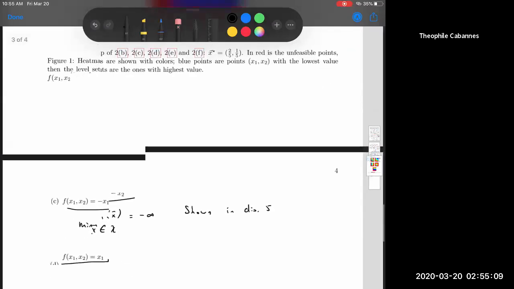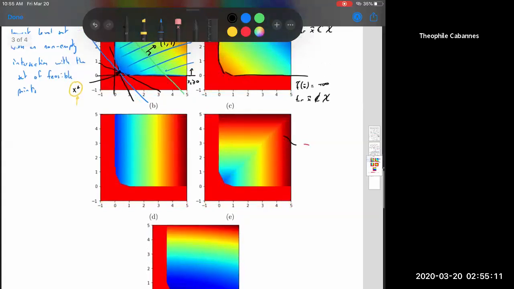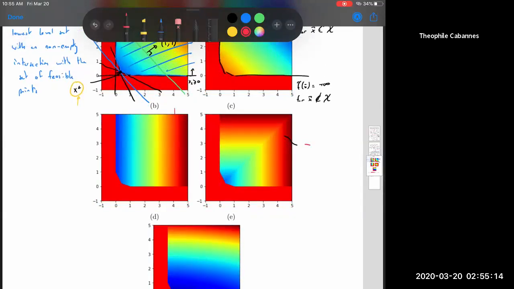So for D, here you see that the level sets are orthogonal to the x-axis.